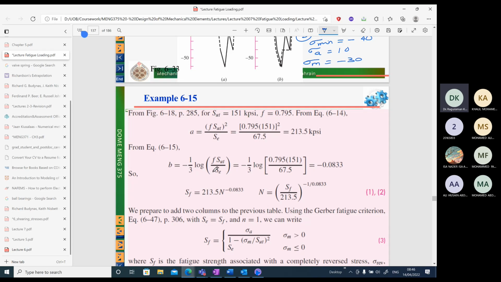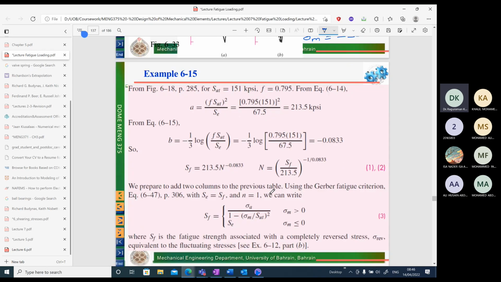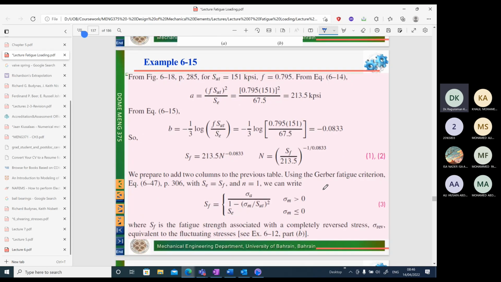After I figure it out, I will use this particular formula to find out the number of cycles to failure, capital L. So these are the steps. How do I find the equivalent completely reversed load? And for this we have to use the Gerber criteria. We use the same method as before. Okay, what do I do?